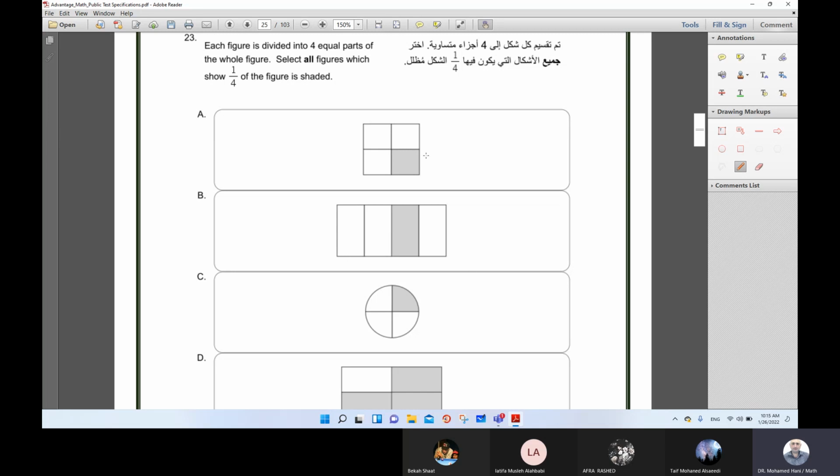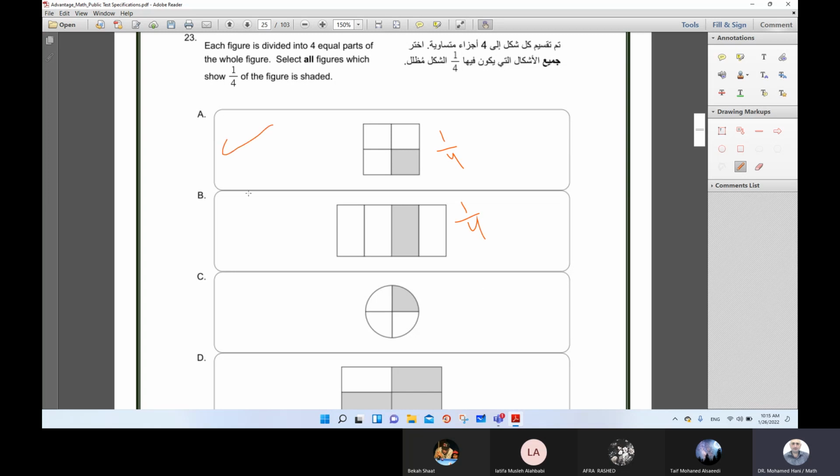As you see here, we have 4 equal parts and shaded the first part. So means here we have 1/4. And as you see here, we have 1, 2, 3, 4, 4 equal parts, and we have just one part shaded. So 1/4.